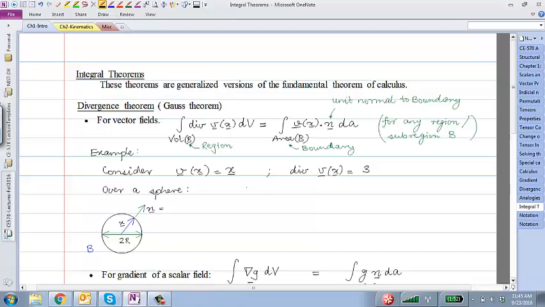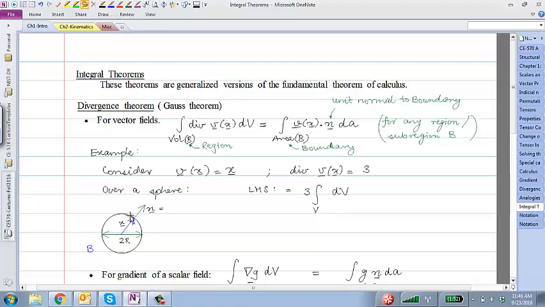So the left hand side integral of this divergence theorem turns out to be the integral over the volume of 3 dV. You agree? I am calculating this integral over the volume of the constant scalar 3. 3 is constant, of course, I can pull it out. Integral dV is what I'm left with.